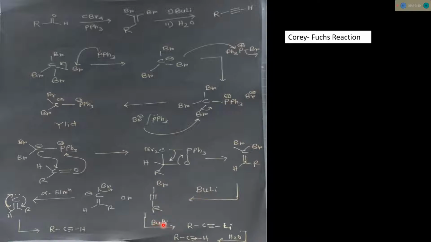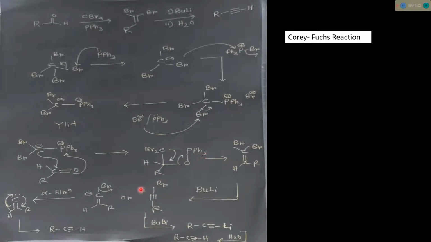If we use butyl lithium, then halogen exchange will occur with lithium. After workup, we will get the alkyne. Some people prefer this mechanism.